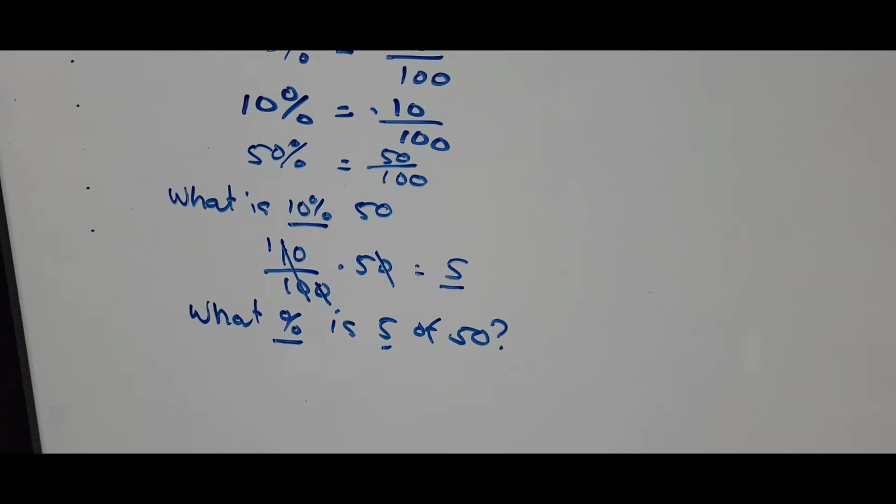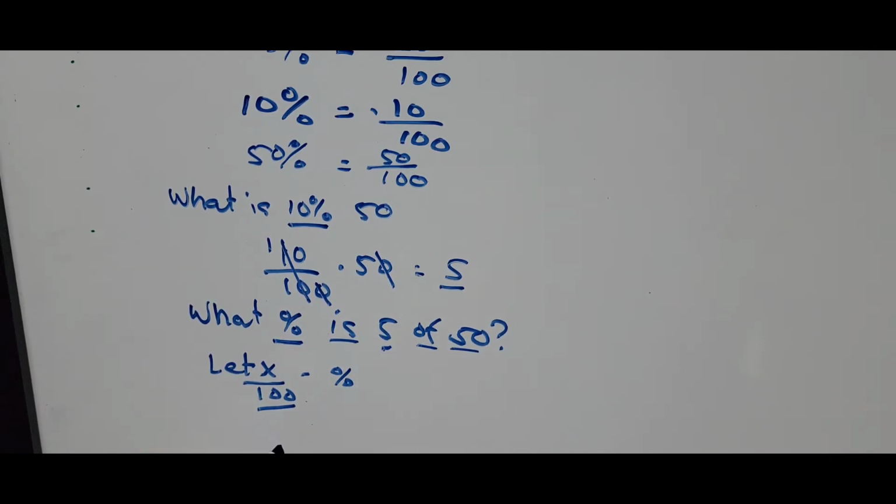Since percent is represented by a fraction, a part over a whole, let x over 100 be the percent. That's what we need to find. So "is" and "of" are signal words. What percent of 50 is 5?